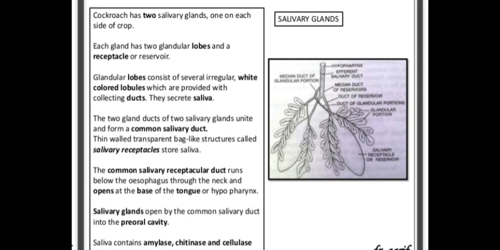The water absorption occurs in the rectum, and undigested food is passed out of the rectum by the anus. The anus is guarded by a sphincter muscle, which controls the action of waste egestion.